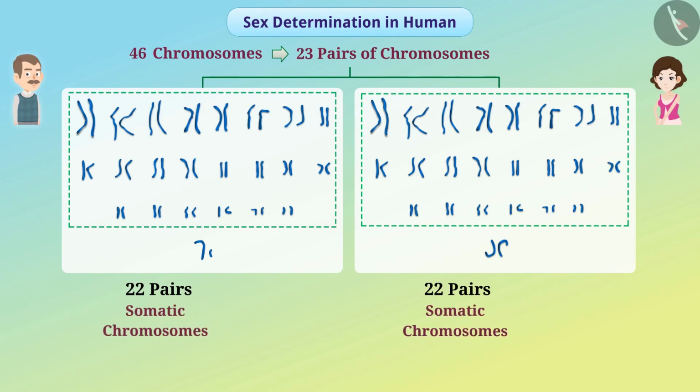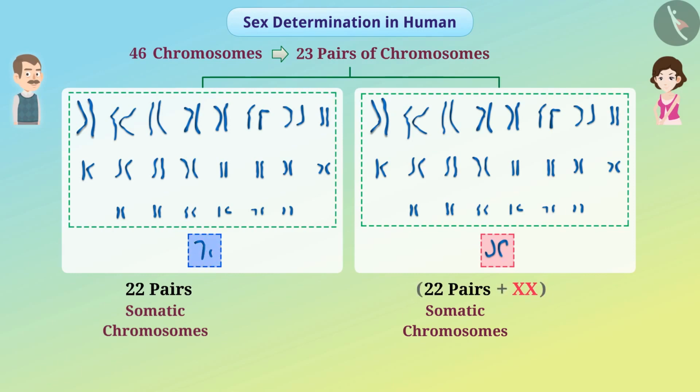But one pair in the 23 pairs of chromosomes differs in male and female. In females, both chromosomes of this pair are of normal size, which we denote by XX. But in males, the chromosomes of this pair are different.